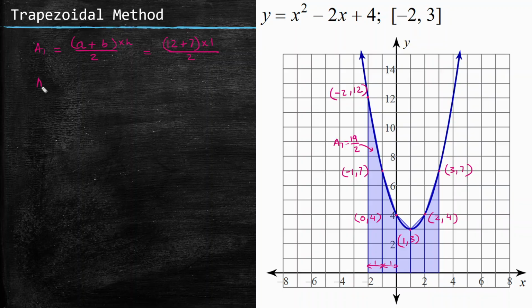Similarly, we continue to find the area A2, and that will be 7 plus 4 divided by 2. Area A3 will be 4 plus 3 divided by 2.